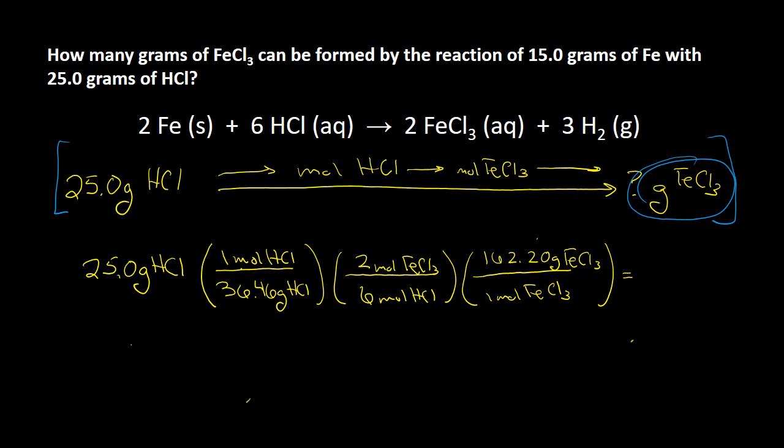All right. So now that I've got my plan, I've set up my calculation. I'm going to check, as I always do, to make sure that my units cancel out. Then last, moles of iron chloride canceling out so that our final result is grams of iron chloride.